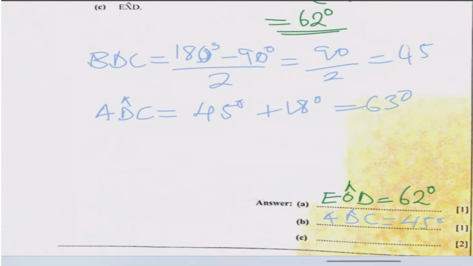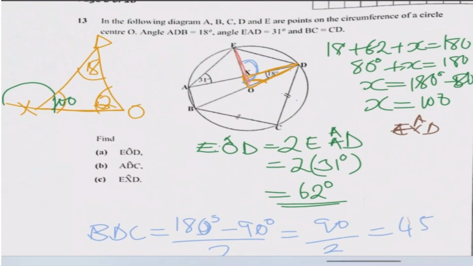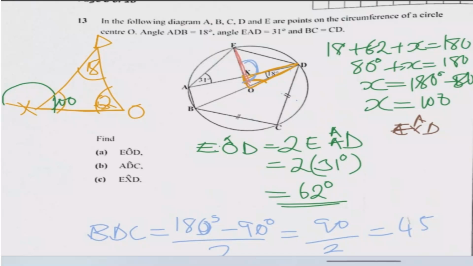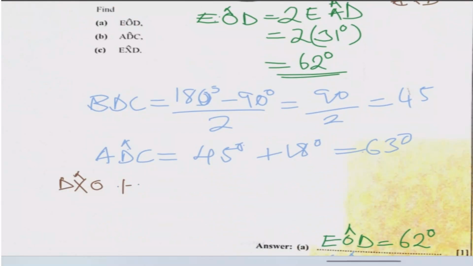We can say this angle is angle OXD, so we can say angle DXO plus the other angle, which is DXE. These are two angles formed on a straight line, equal to 180 degrees.